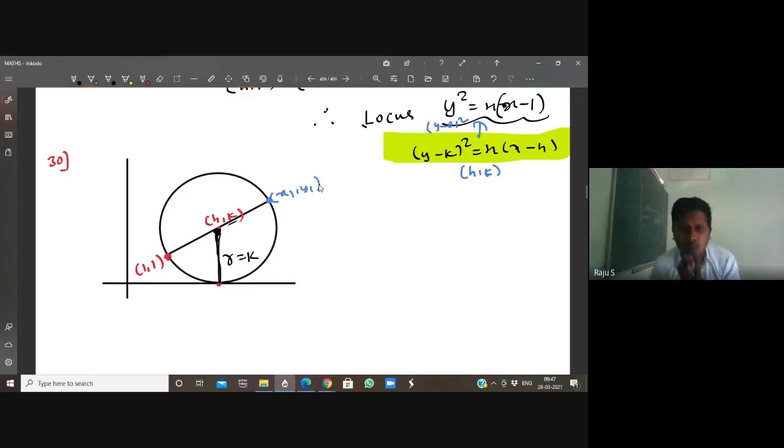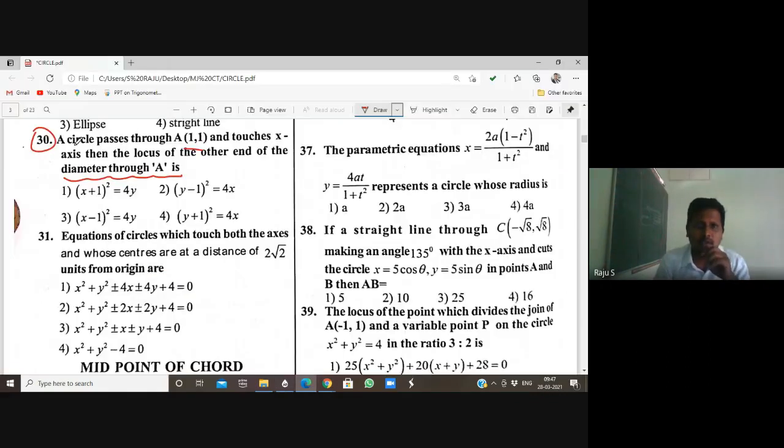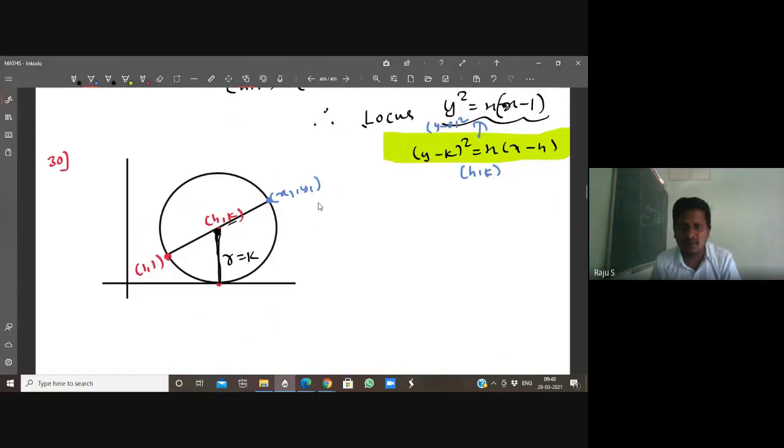So now we have to find the equation in terms of x1 y1 because they are asking for the locus. Locus means I'm taking the other end as x1 y1.